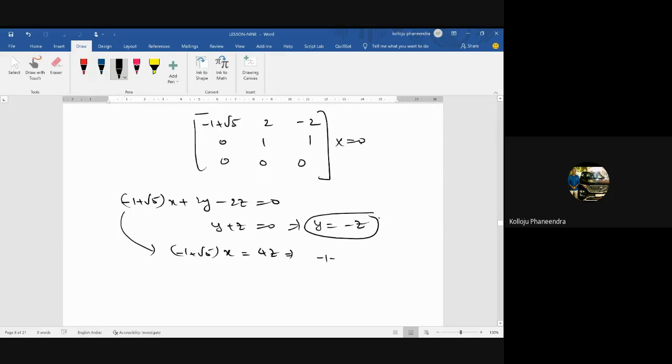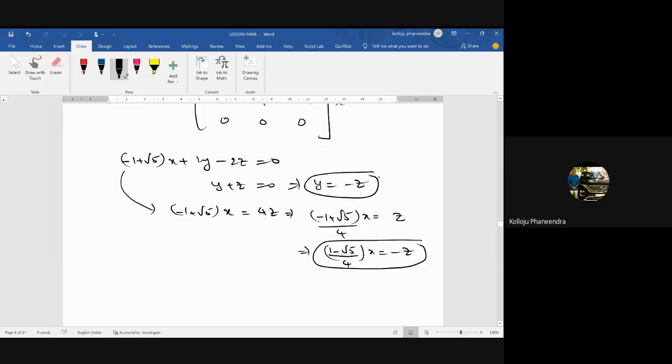So minus 1 plus root 5 into x by 4 equal to z. I need minus z, so let us take minus common here: 1 minus root 5 by 4 into x equal to minus z. Equate these two for minus z. Therefore 1 minus root 5 by 4 into x equal to y equal to minus z.